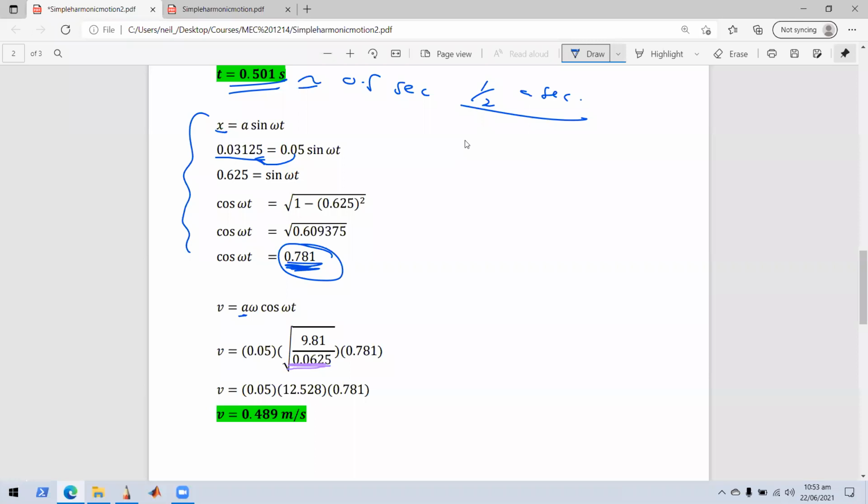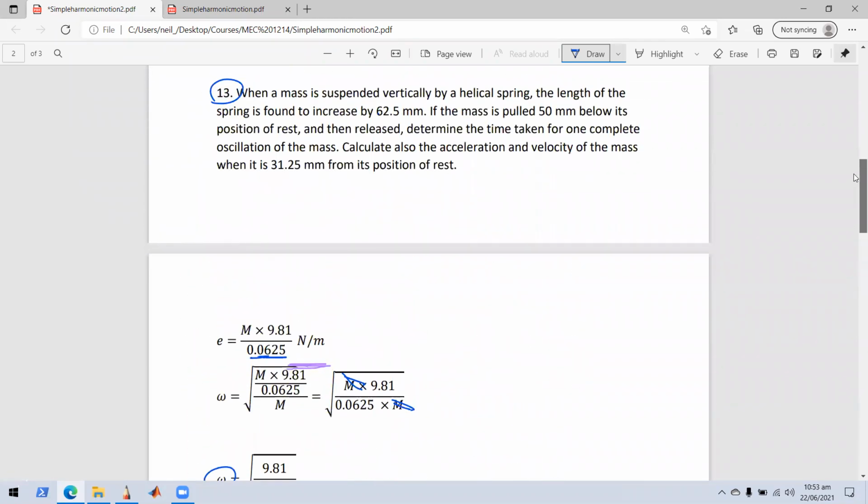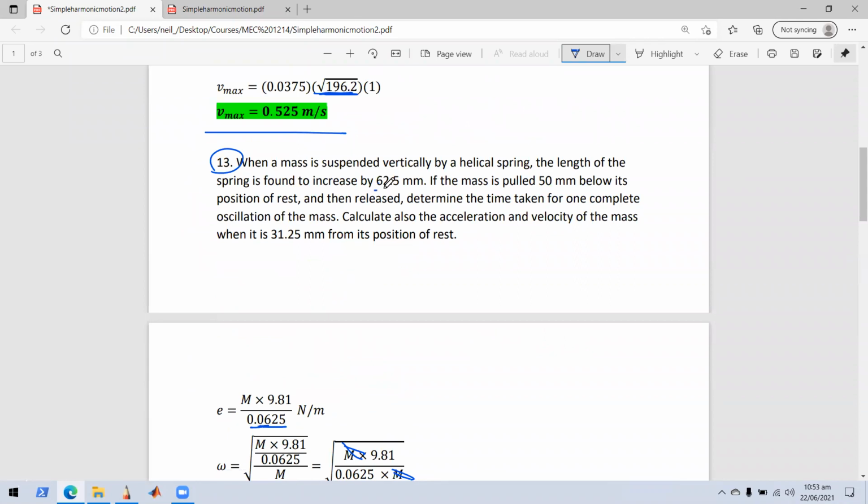This part, sir, when we find omega now for the final part, wouldn't we use this new distance? So this here is not the same as this here. It's just a coincidence that those values end up like that.